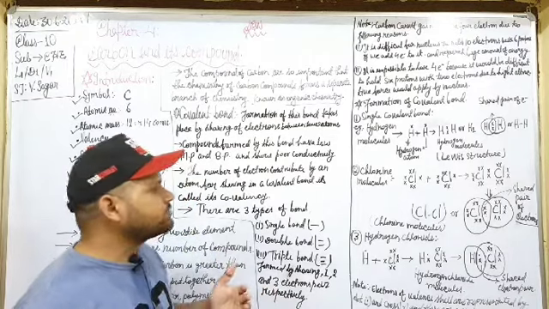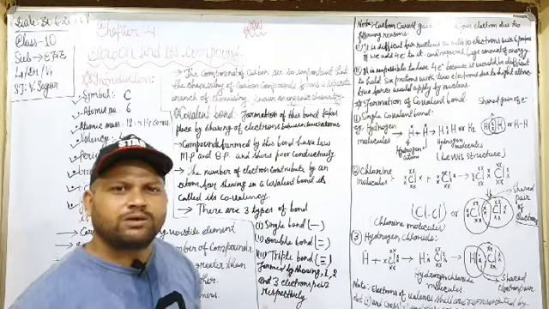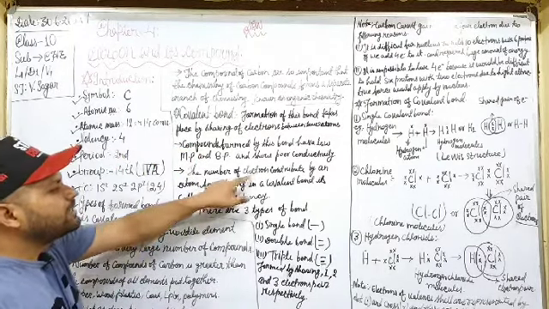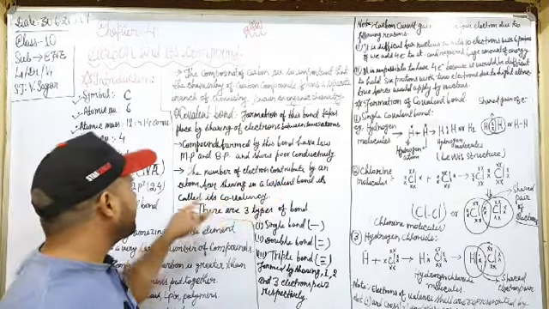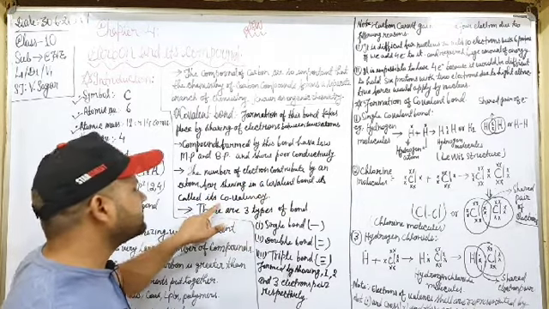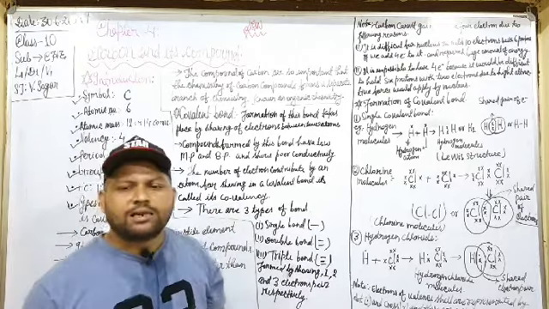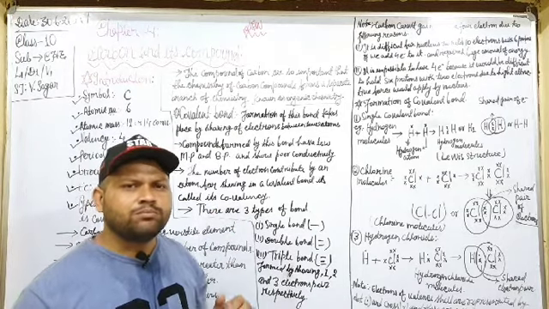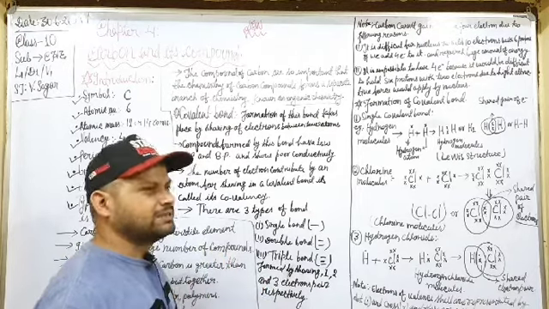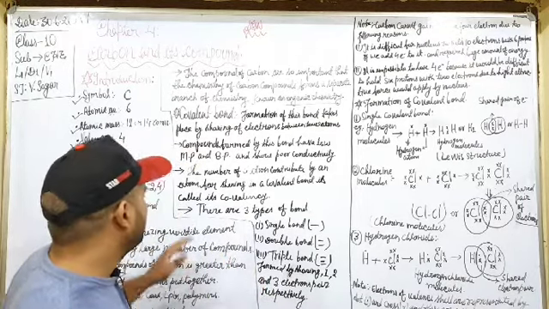That's why they show poor conductivity of heat and electricity. The number of electrons contributed by an atom for sharing in a covalent bond is called its covalency.